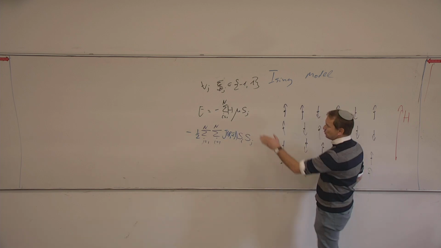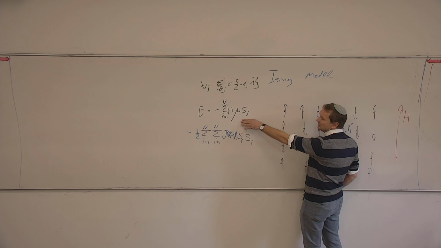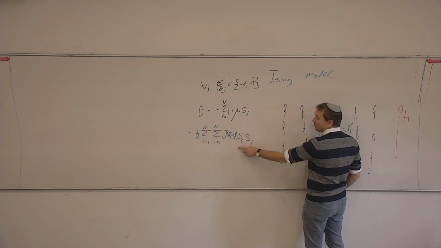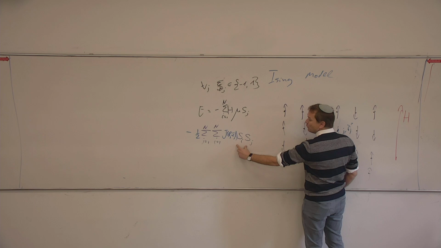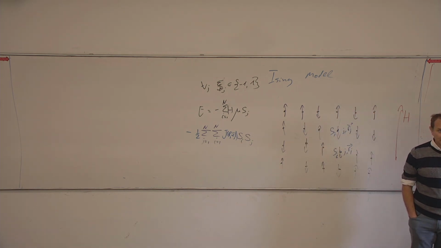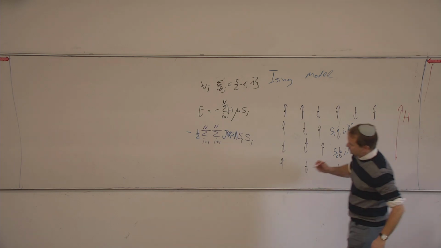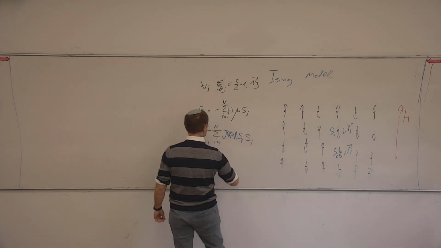This part is easy because we look at it and say, Sj is independent of Si. But this part depends on the multiplication of the different terms, and this is not an easy task to solve. So the real problem is the interaction term.